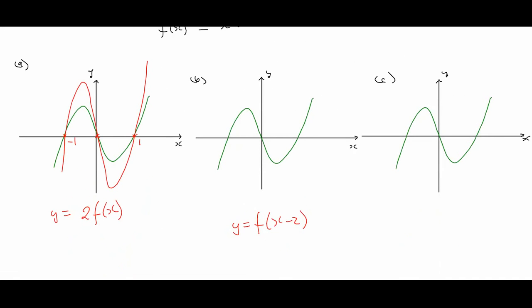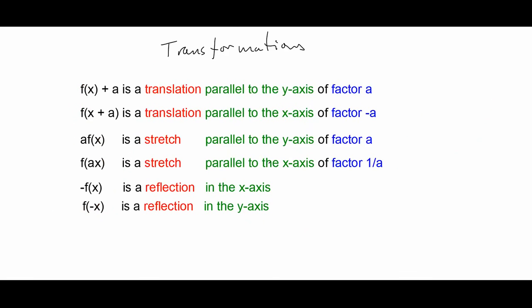The second function we want to sketch is y equals f of x minus 2. If we go and look at our list of transformations again, f of x plus a is a translation parallel to the x-axis of factor minus a. So f of x minus 2 will be a translation parallel to the x-axis of factor plus 2.